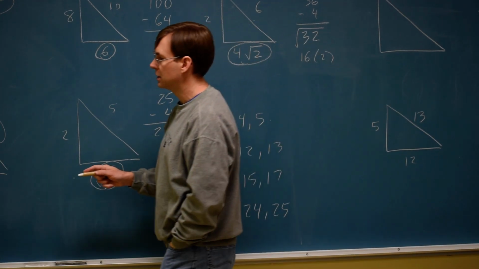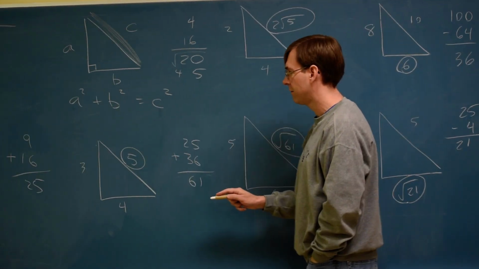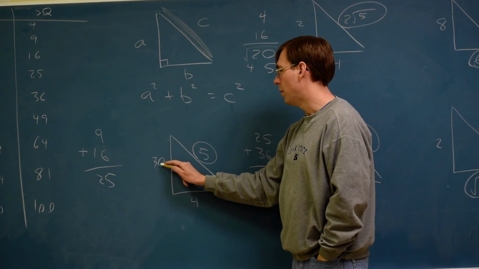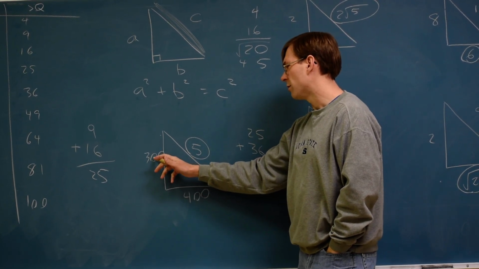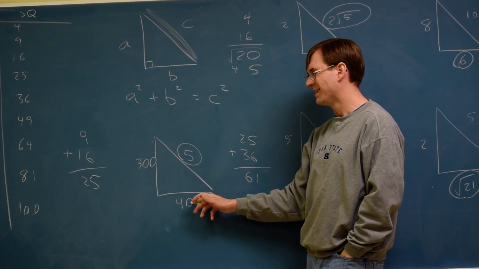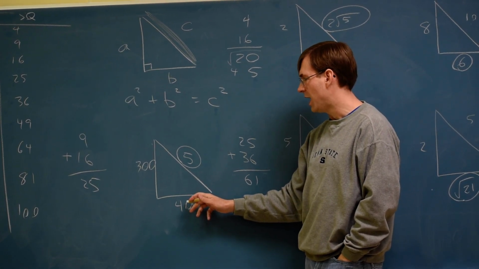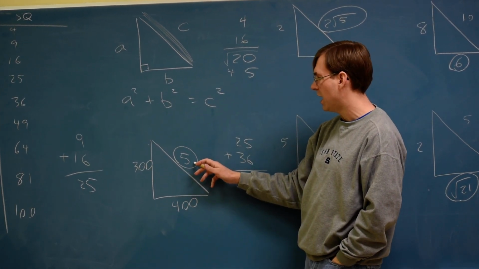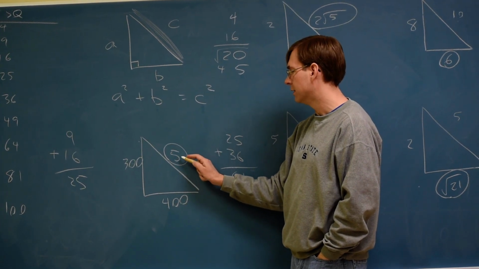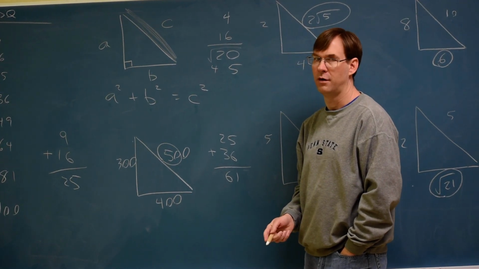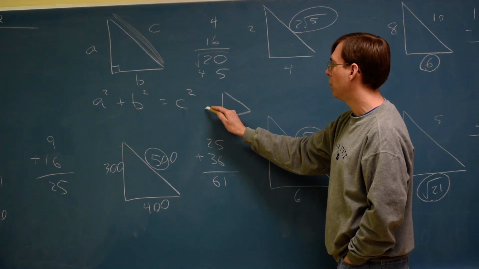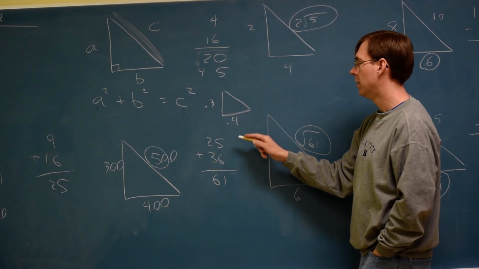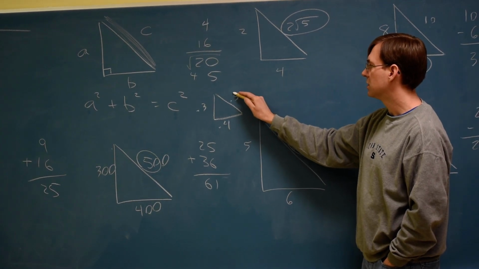Like if I change this, wandering back to the left, if the original problem had 300 and 400, and you knew 3 and 4 are like things that will go together to make 5s. If 3s and 4s make 5s, 300s and 400s would have to make 500s. Or if I decided to do a 0.3 and a 0.4, all that's going to do is a 0.5.